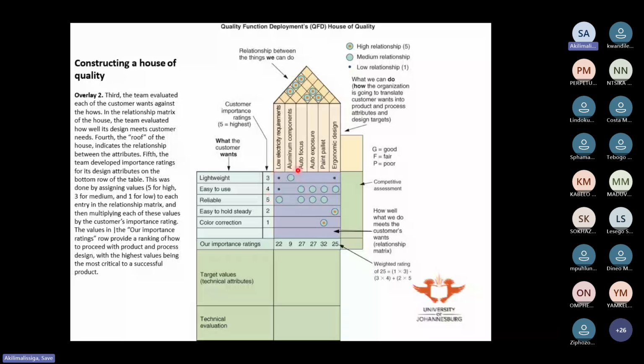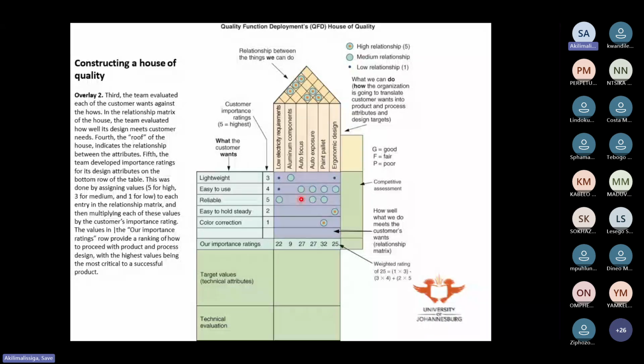So now if you take 4 times 3 plus 5 times 3, that is going to be what? 4 times 3 is 12, right? And 5 times 3 is 15. So 15 plus 12 gives us 27.